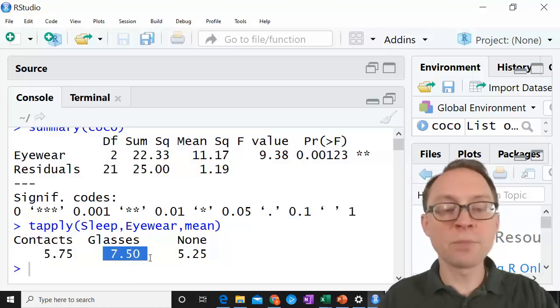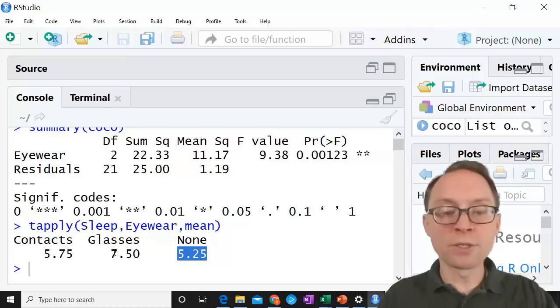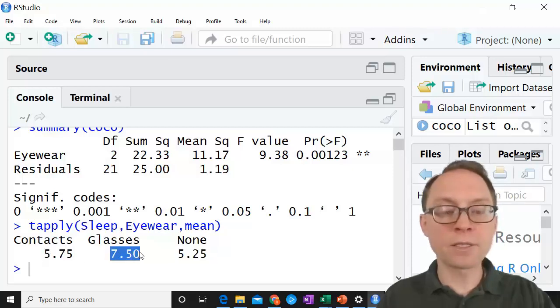People who wear glasses get 7.5 hours of sleep. People who wear none get 5.25 hours of sleep on average. Now, at least one of these values is significantly different from the other, or it could be more than one, we don't know. We have a pretty good guess that glasses is probably going to be significantly different than none, but we don't know if contacts is significantly different than glasses, or if contacts is significantly different than none. We have a good guess, but we're not sure.